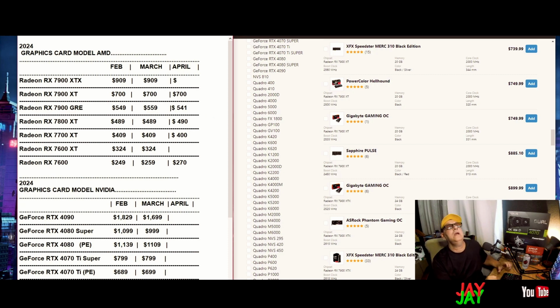So we are looking at right here the Gigabyte Gaming OC 7900 XTX is $900. 900. So, as we can see, the 7900 XTX went down $9.